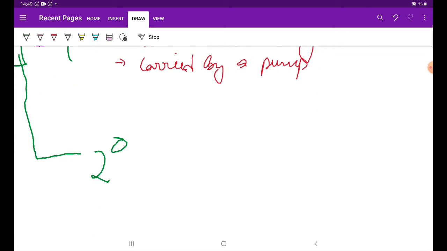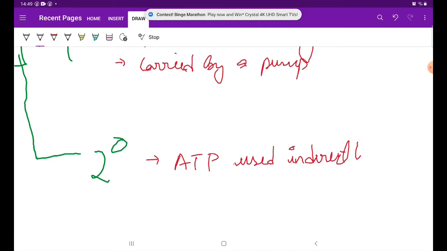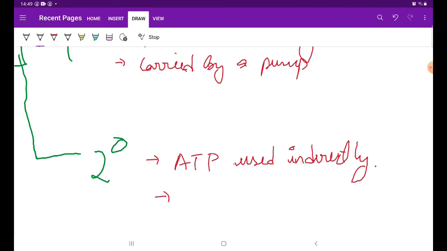But in case of secondary, here also ATP is used, but it is used indirectly. Why is it being used indirectly? Because here a carrier is present, because of which the ATP is used indirectly. So a carrier is present in secondary active transport.